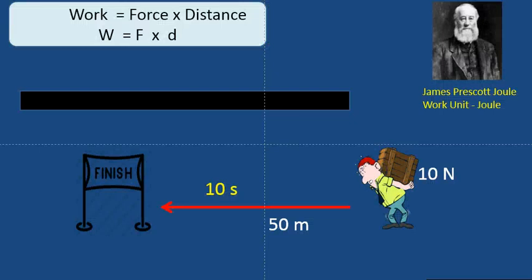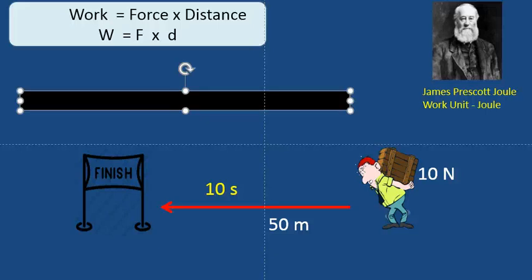All right. So again, our formula is work equals force times distance. Work equals F times D. So here we have a man carrying this crate, this 10 newton crate, and he's moving it across 50 meters, and he does it in 10 seconds. Well, the seconds aren't important for us right now. We just need to know force and distance.